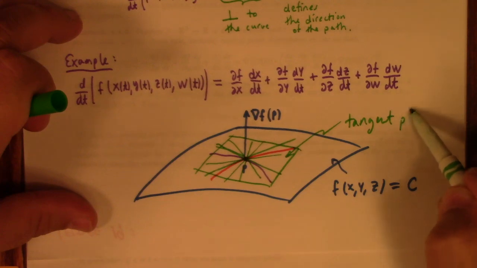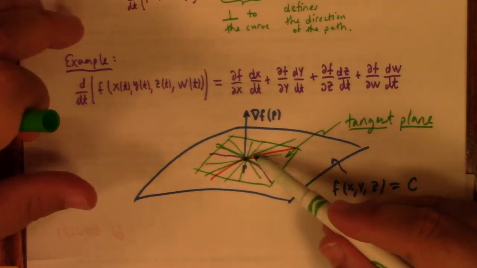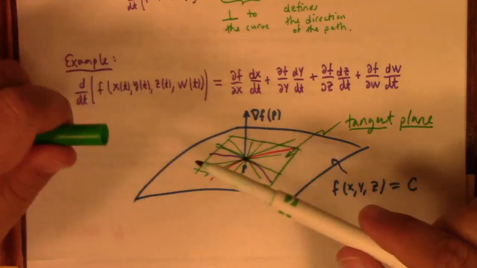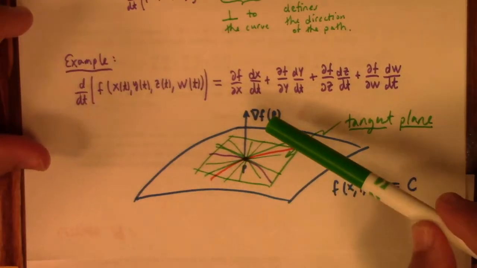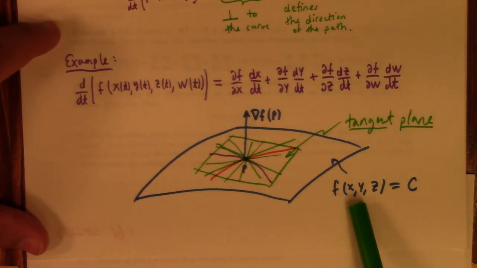So we can think about the tangent plane as being formed from the union of all tangent vectors at the point. And those tangent vectors are perpendicular to the normal vector field formed from the level function to the surface.